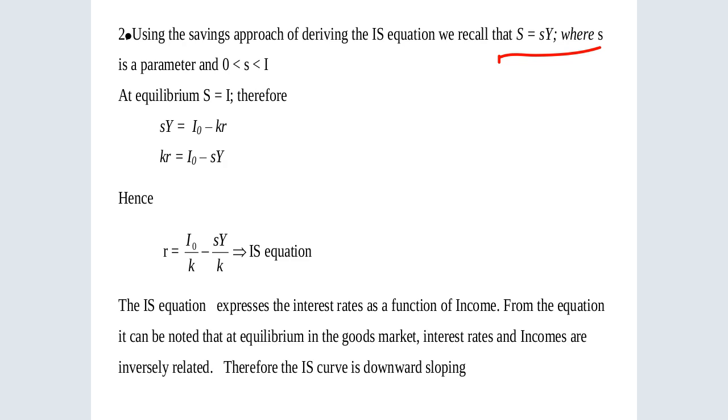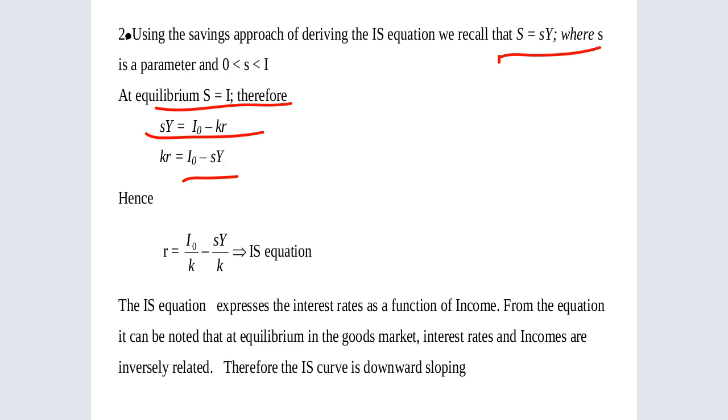So we said that at equilibrium, the savings equals investment. That simply means that at equilibrium, the induced savings should be equal to investment. That implies that KR should be equal to I naught minus SY.